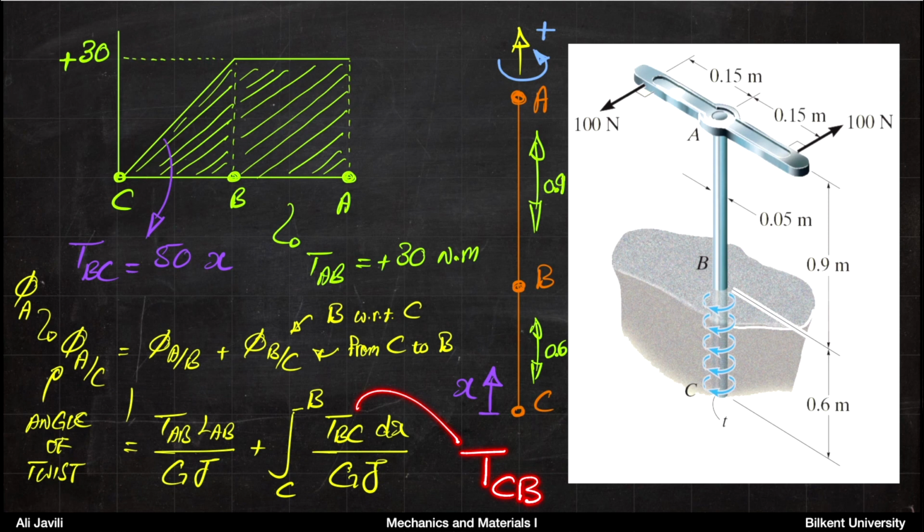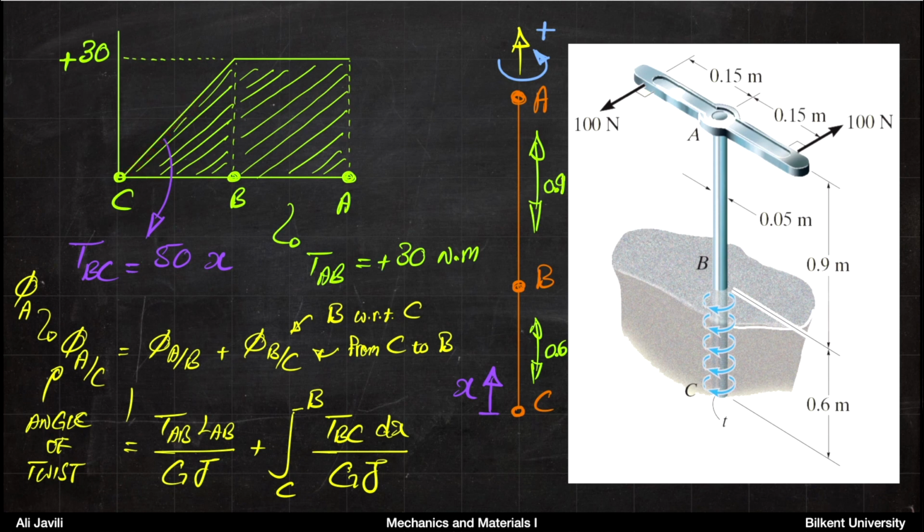Maybe you want to call it T_CB to be more clear that you're talking about the direction from C to B, but it doesn't matter. We know what we are talking about: the line between C and B. And this is the slope that it has. So the slope is plus 50, as we go from C to B.